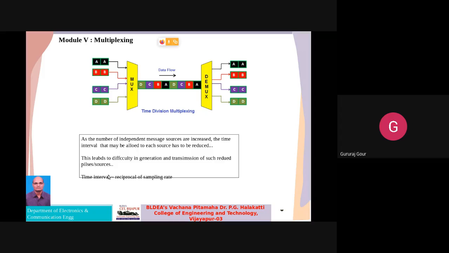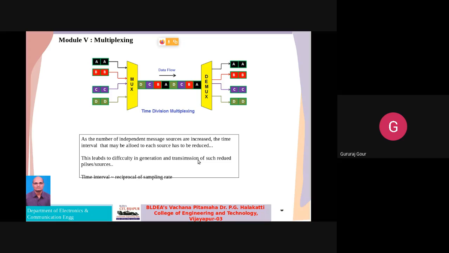But this also has some limitation. We cannot go on without any restriction adding as many signals, channels or sources to be multiplexed as we want, because, as I have already told you, if you go on increasing the number of sources, the width or interval of time that you allocate to each signal to be transmitted in its own time slot until it reaches the receiver is not possible.